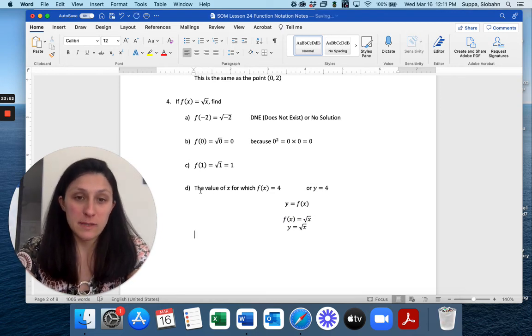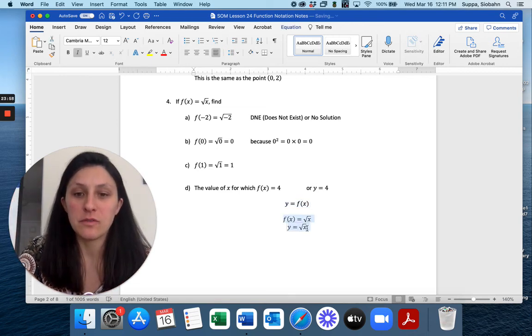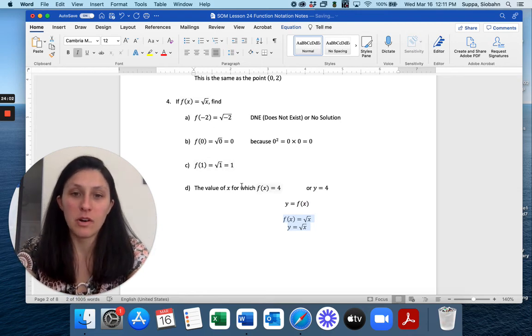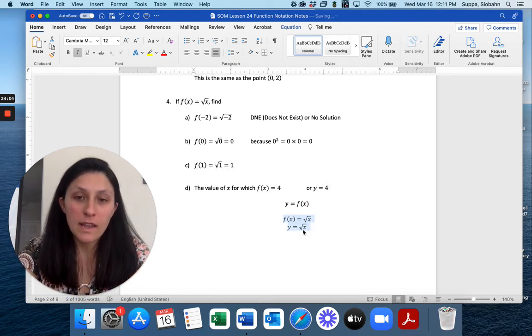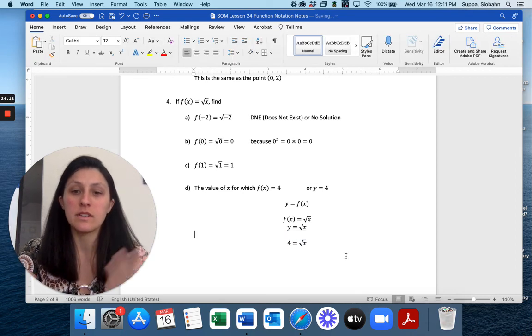Now, to answer this specific question, so that was in very general terms. This is specific to our example here in number 4, and now we're going to actually answer part D. So if y equals 4, or if f of x equals 4, that means 4 equals the square root of x. And now you just have to solve for x.